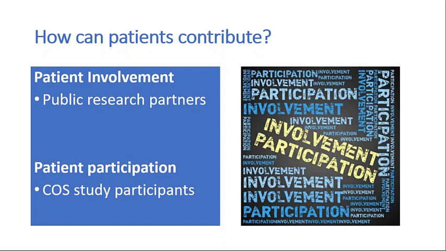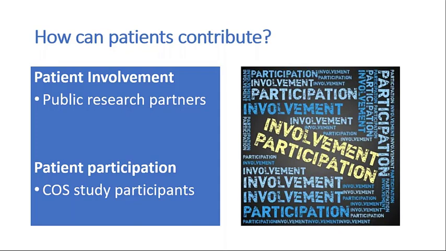Patients can input into core outcome set studies in two ways. Patient and public involvement, PPI, as public research partners helping, for example, designing an accessible core outcome set study for participants, or developing understandable participant information.